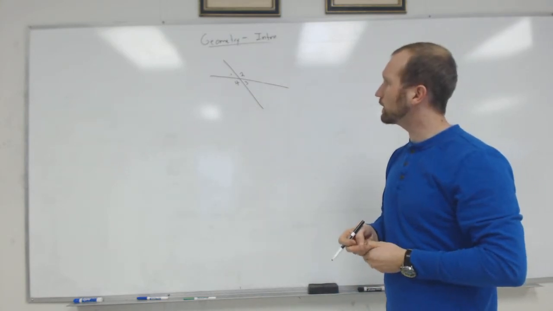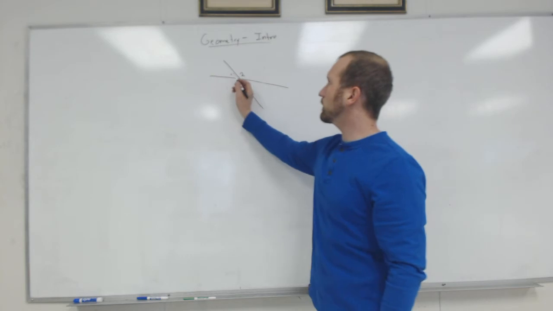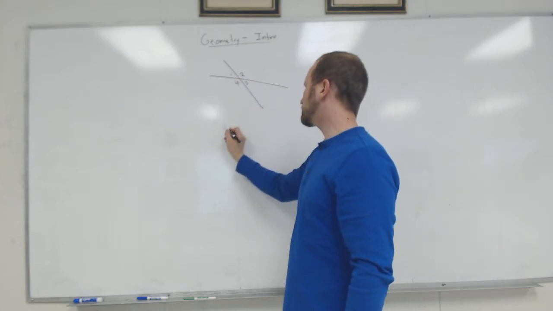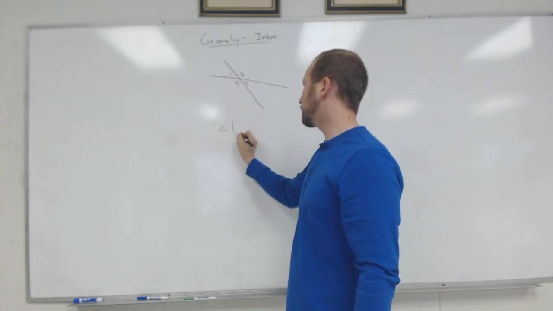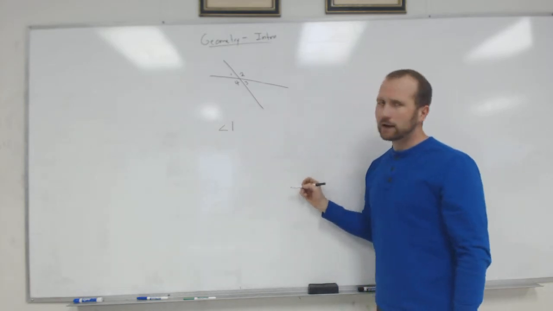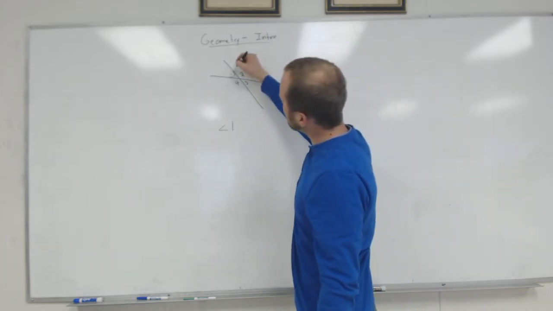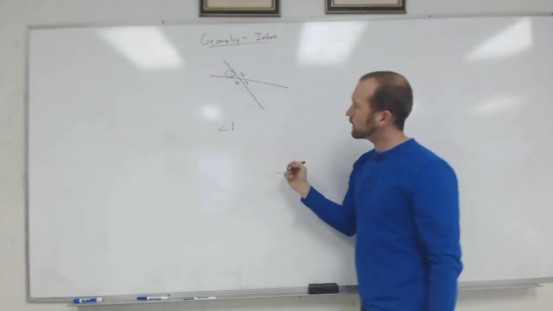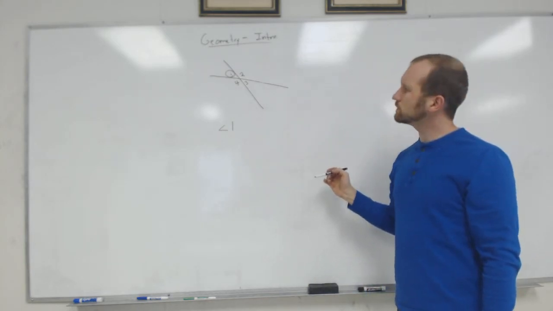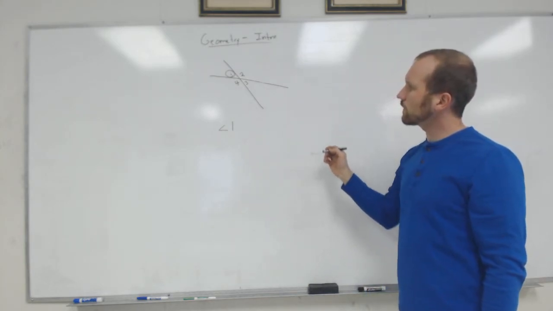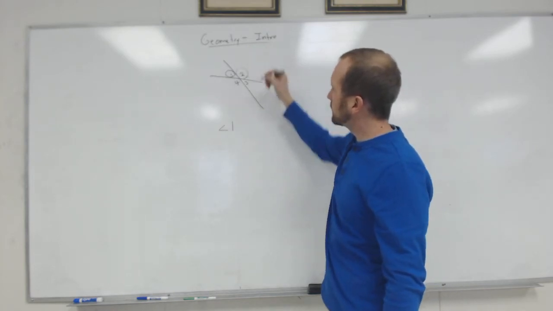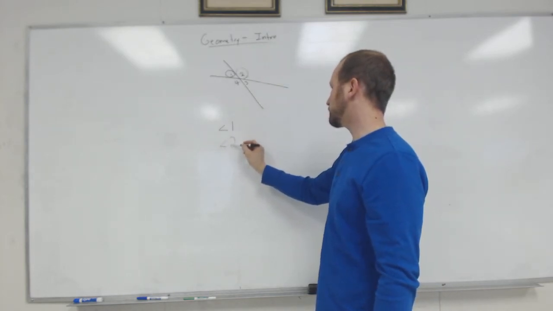So this angle right here, in geometry, we would call angle 1, and we'd write it like that. So this is angle 1. This is angle 2.